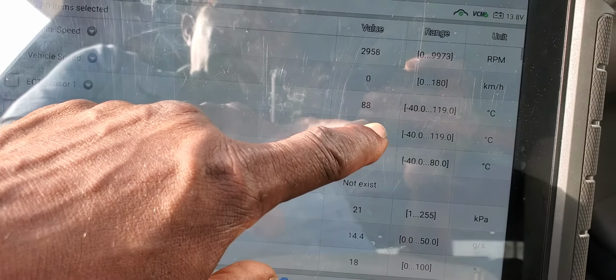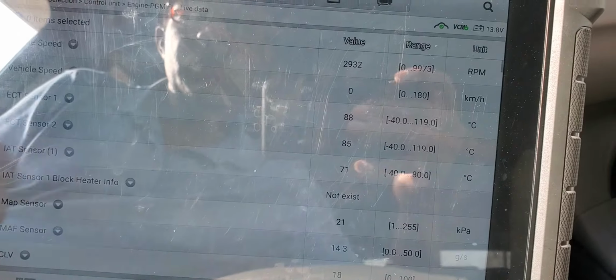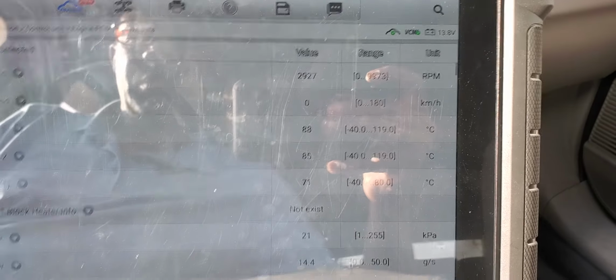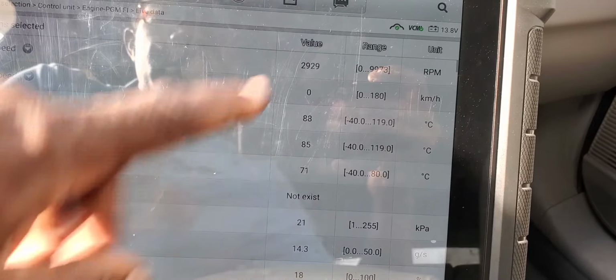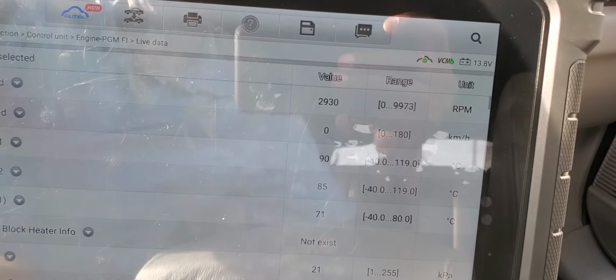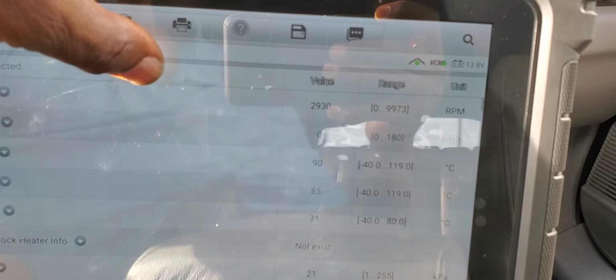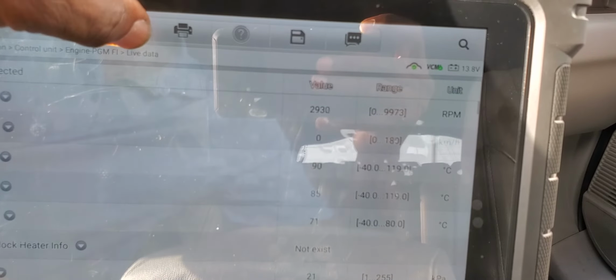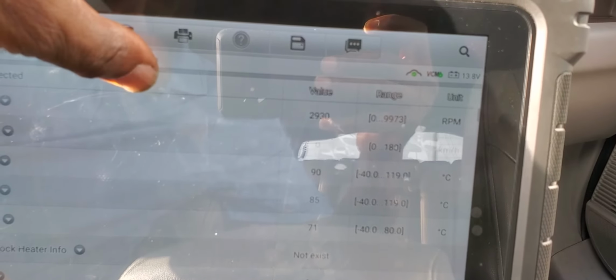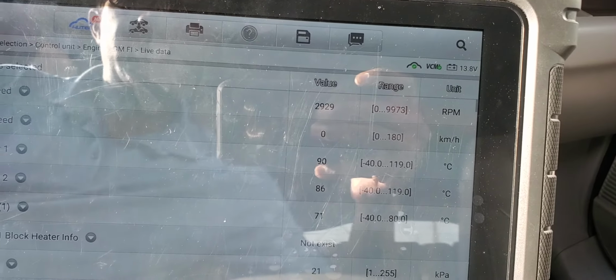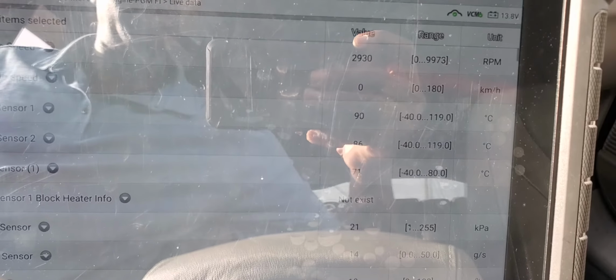88, 85. I need it to be 90 at least. When it's 90 to 95, it's supposed to be okay.